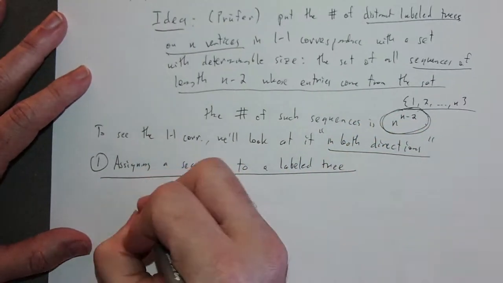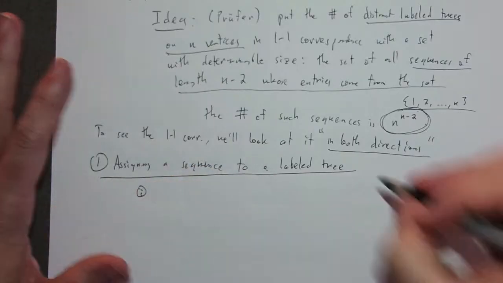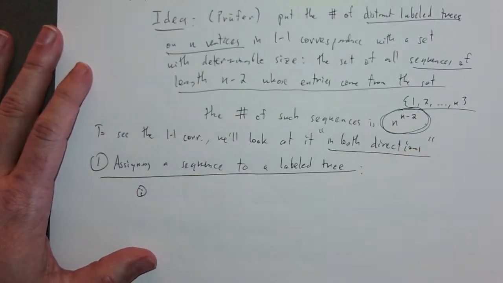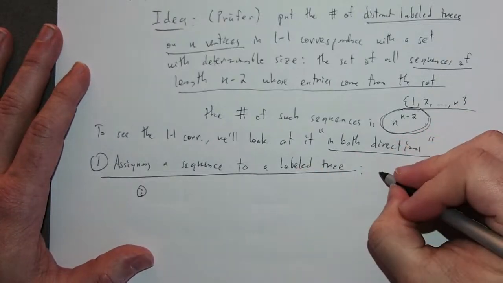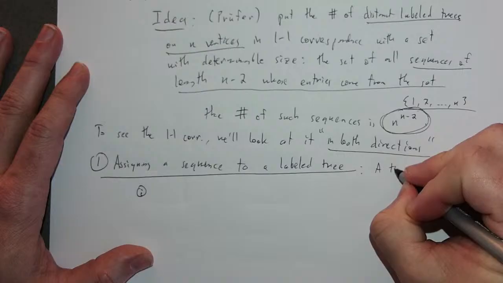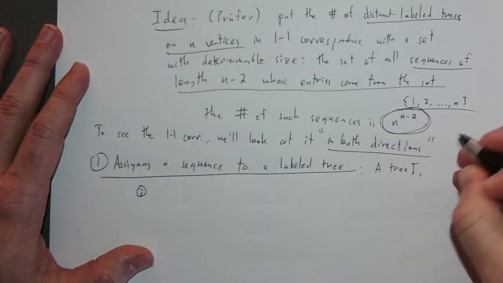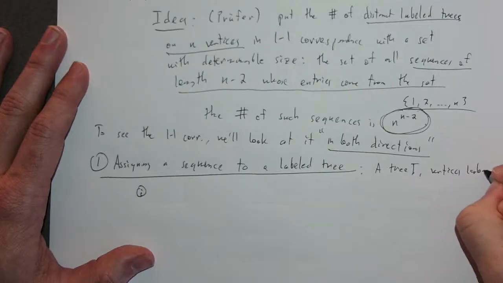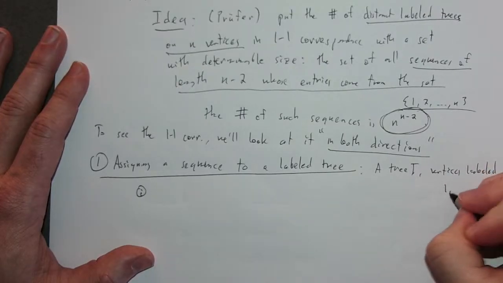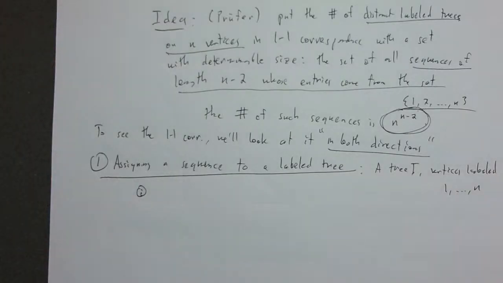So I'm going to list these in steps. What am I given, first of all, before I start numbering these steps? I'm given a tree with vertices labeled 1 to n, and we'll call it T. So it's a tree on n vertices.